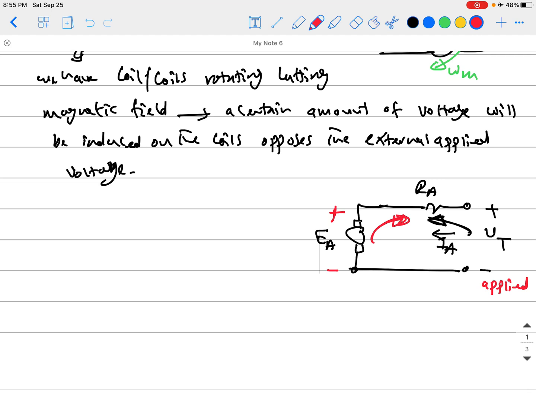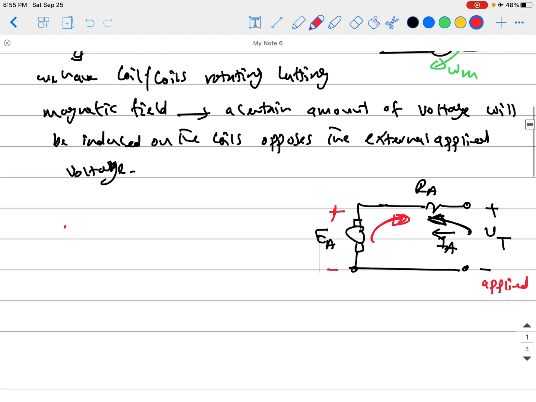You just apply voltage, and this voltage drives current, and you'll start getting higher and higher currents without a stable point. The whole point here is you apply a terminal voltage, and a certain amount of induced voltage is induced inside the machine, and the current will equal V terminal minus EA over RA. Okay?